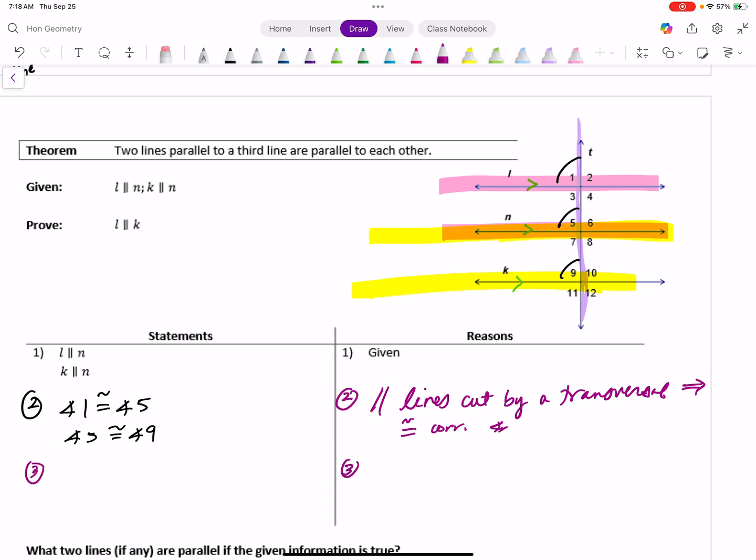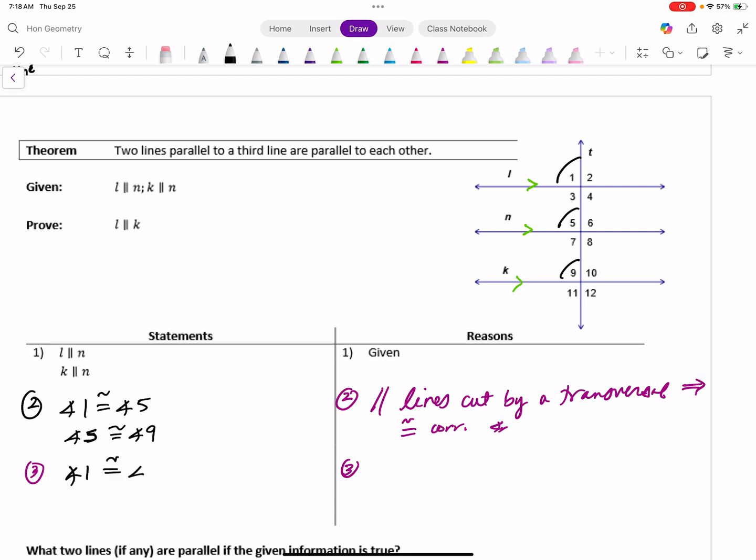Okay, all right, let's get rid of all this nonsense. So, oops, that doesn't look much like a 5, does it? All right, so if 1's congruent to 5 and 5's congruent to 9, then we know that angle 1 is congruent to angle 9 by the transitive property.